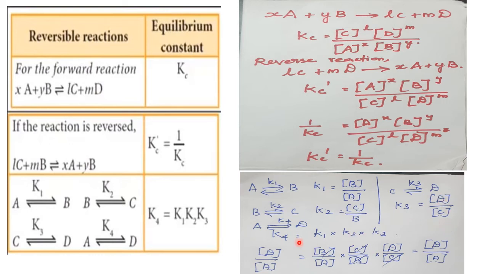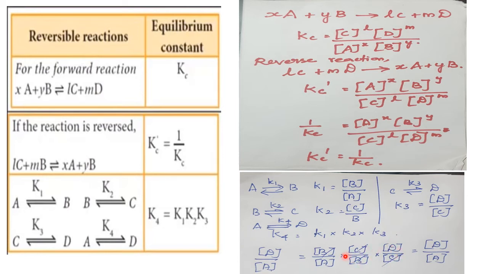Then at last you have to write the rate constant for the direct reaction, A to D. What is the rate constant given? K4. K4 is equal to K1 into K2 into K3. Just multiply K1 into K2 into K3. What is K1? B by A. So just write B by A, then C by B and D by C.